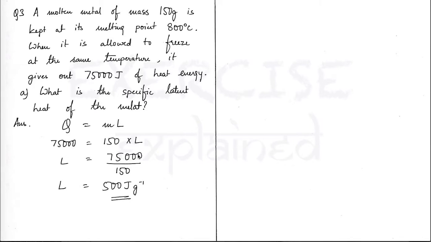So that is nothing but 7,500 divided by 15. So 15 fives are 75 and 2 zeros, so we get 500 joules per gram. I've got it in joules per gram only, it's not the SI unit, but the textbook answer is in joules per gram. That's the reason I've got it in joules per gram.